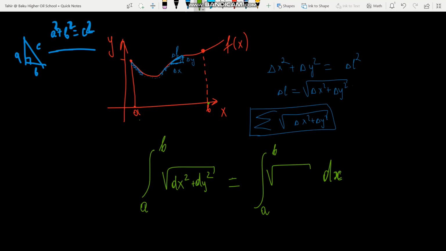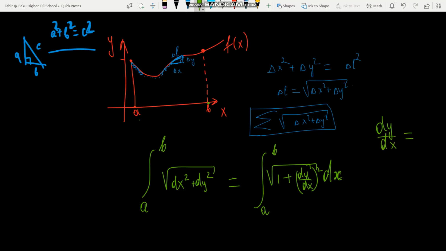If we take dx squared out of the square root, we will get here the square root of 1 plus (dy divided by dx) squared. What is dy divided by dx?